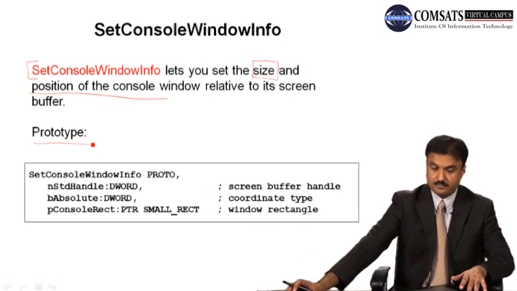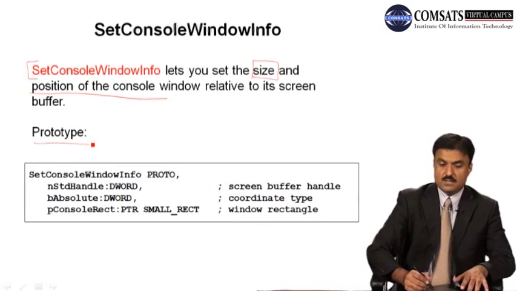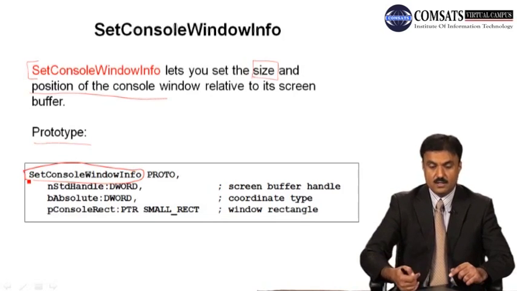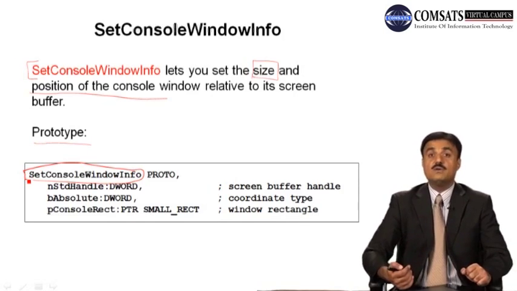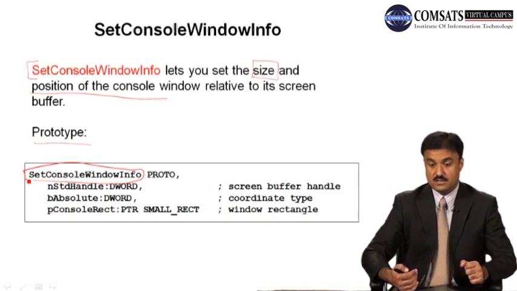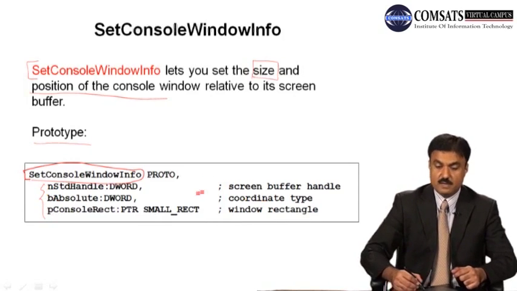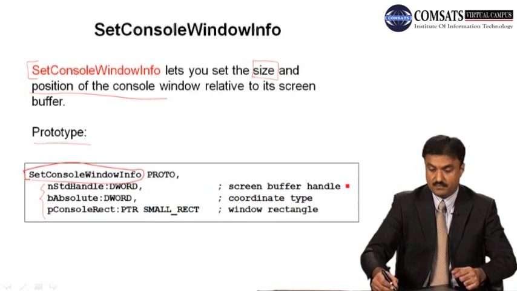So here in the set console window information is the function prototype of this function. There are 3 parameters that are being passed. The first parameter is the screen buffer handle.